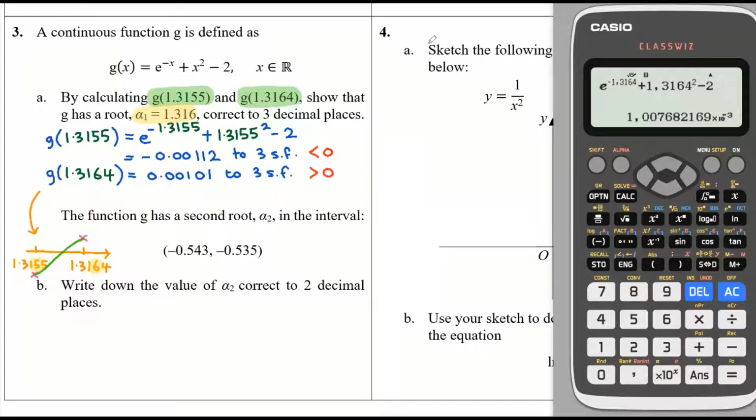Okay, so we know that this rounds to 1.316 because the 5 would bump up the 3rd decimal place to 6, and this one would be 1.316 because the 4 would keep the 3rd decimal place as 6. So we've just shown that this is indeed true.